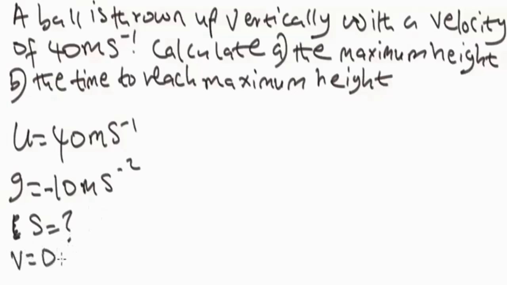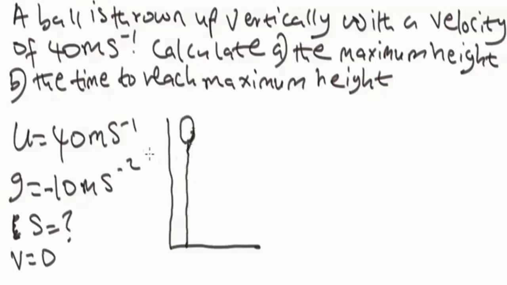Let me show you. Let me say this is a wall and this is the ground. When you throw up an object, let's say a ball, this is a ball. You threw up a ball. The question says the velocity you use to throw up the ball vertically is 40 meters per second.